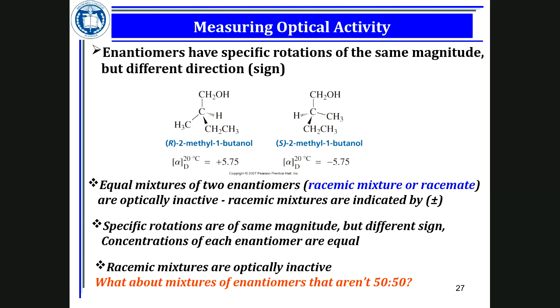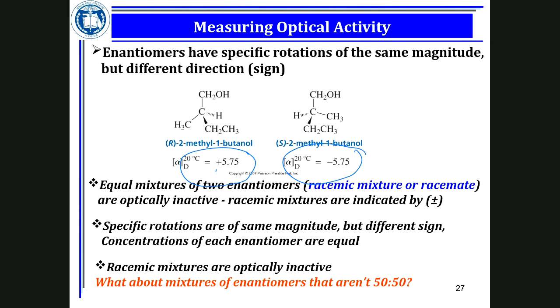If you have a specific rotation for R with a positive number, if it is a pure compound, the specific rotation for S would be the exact same numerical value with the opposite sign. If you get a mixture of R and S, if the S rotates the light clockwise, then the R is going to rotate counterclockwise.